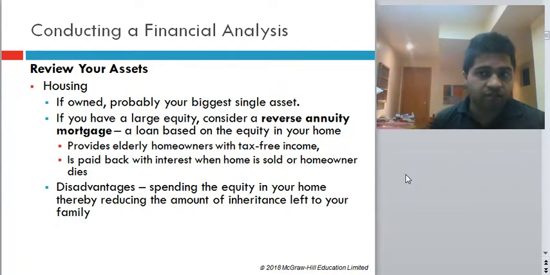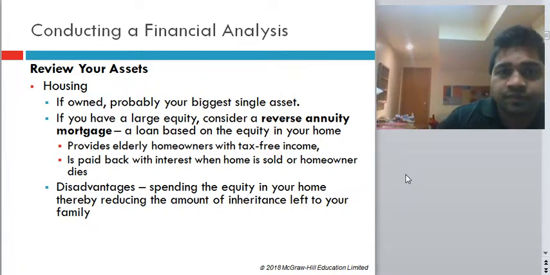When you take a reverse mortgage, you can still occupy the house and use the payments the bank gives you. Unless and until the person dies, the bank cannot claim the house. The bank will claim it through inheritance.